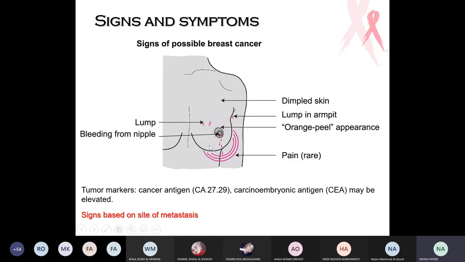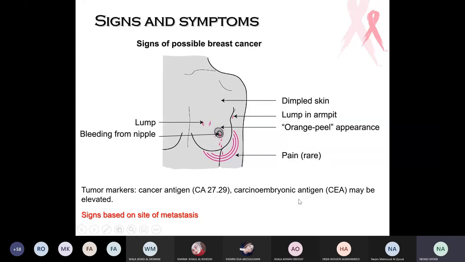Now, sometimes we have what we call biomarkers, tumor markers that we can measure, okay, in blood. They can correlate sometimes with the diagnosis or mostly with prognosis, okay, how the case is going. So we have two markers that we can usually check for patients who are suspected to have breast cancer, which are cancer antigen CA 27, okay, and carcinoembryonic antigen CEA.